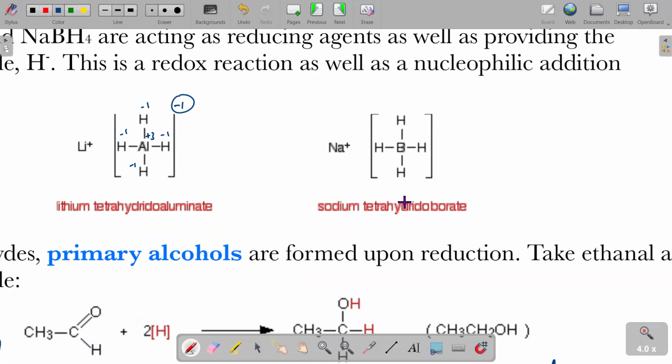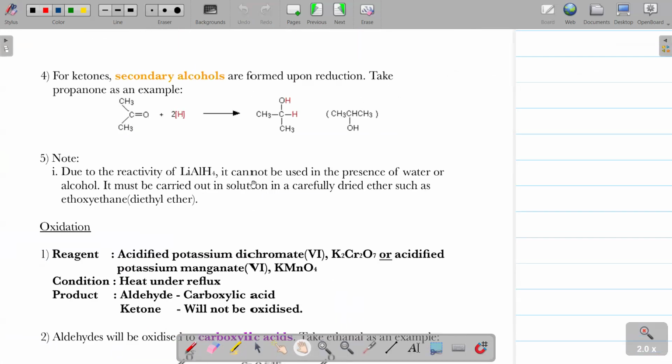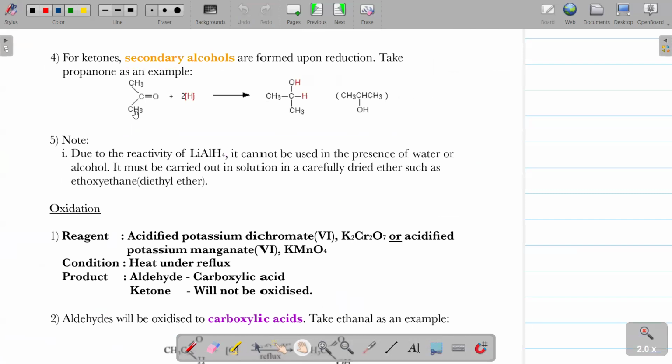So the same is here. Now, on reduction of ketones, what do we get? Ketones on reduction give us secondary alcohol. So let's name them. This one is propanone, right?